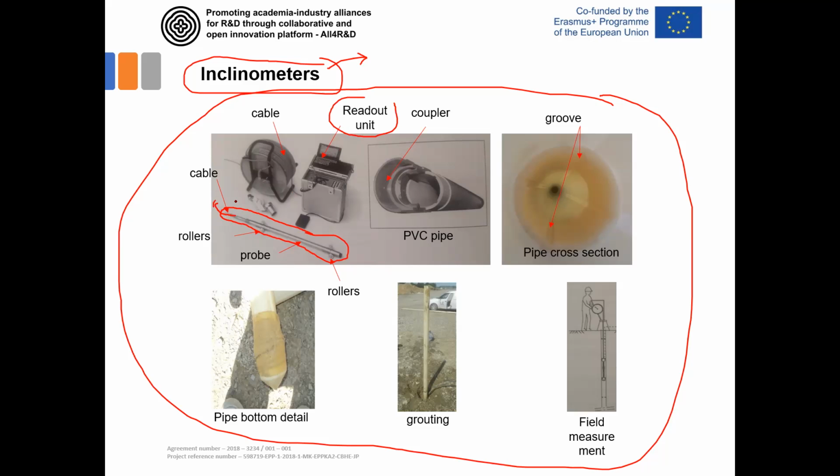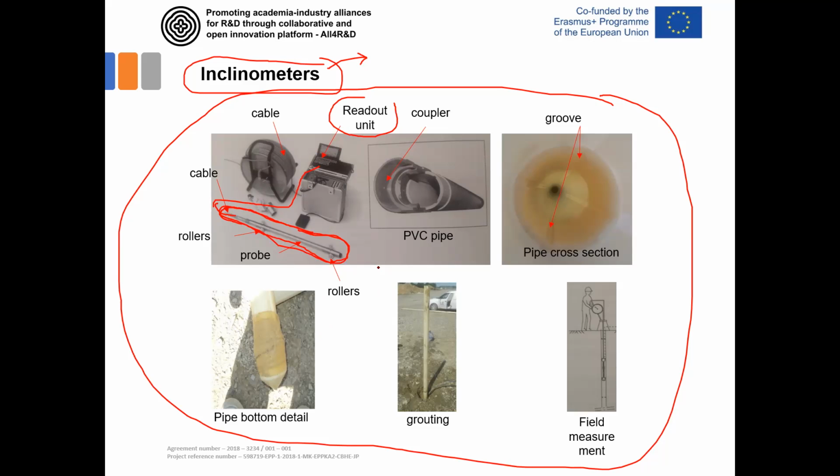So we connect the probe to the readout unit by the cable, and we are using this probe to measure the change of the slope of initially vertical boreholes.